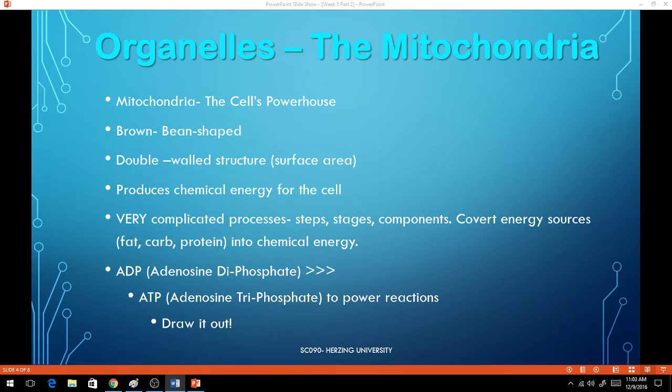This molecule can carry energy to different cellular reactions, different locations, and then share that energy to drive chemical reactions before reverting back to ADP. Kind of like Popeye and spinach. So what we're doing in this process is transferring energy in the form of a chemical agent.